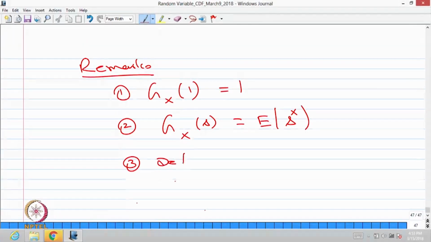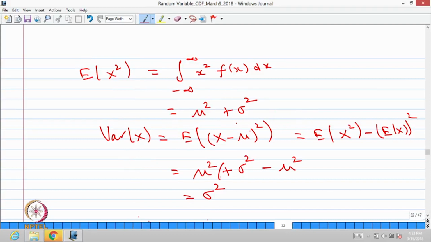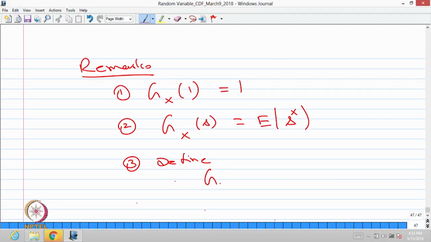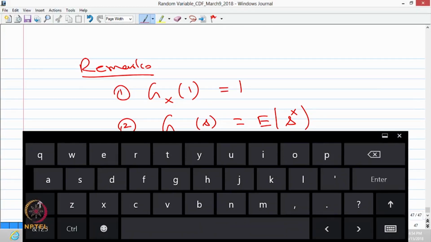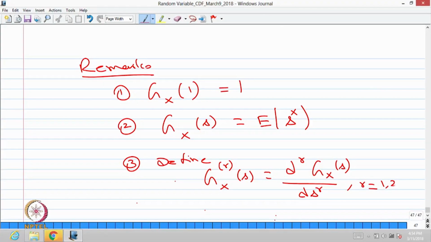Suppose I define g suffix x bracket r as the rth successive derivative of the probability generating function with respect to s, where r can take the value 1, 2 and so on.